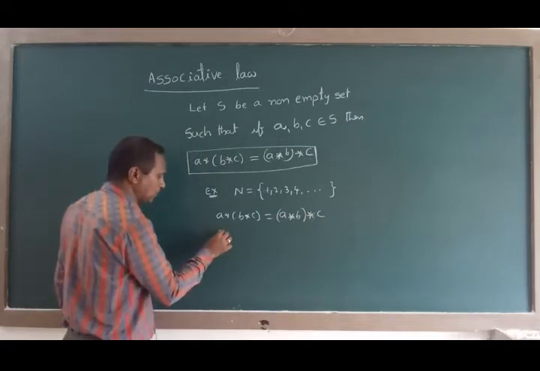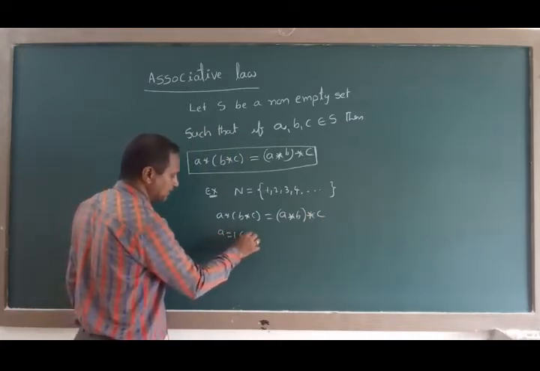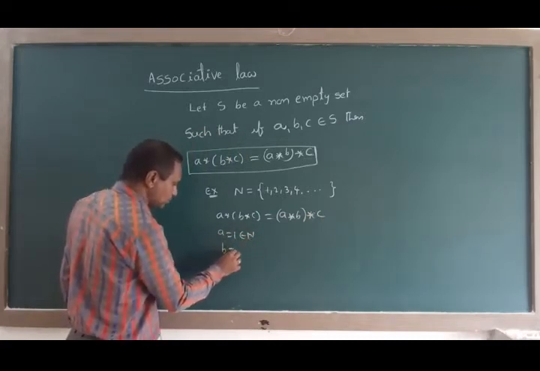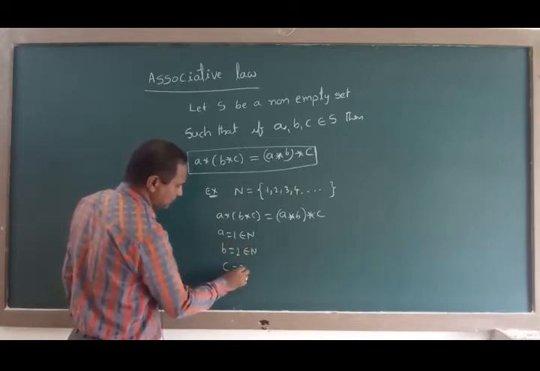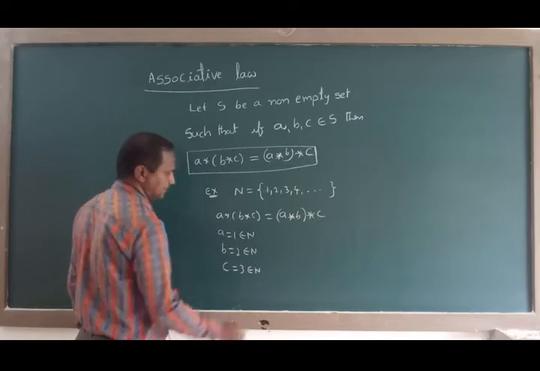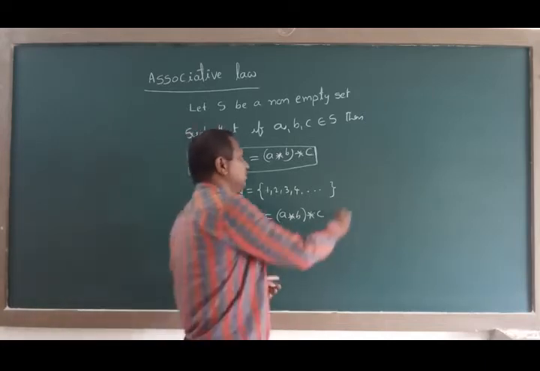Take a equal to 1 belongs to capital N, b equal to 2 belongs to capital N, c equal to 3 belongs to capital N. Check with respect to addition whether they follow the associative law or not, using all these three numbers.